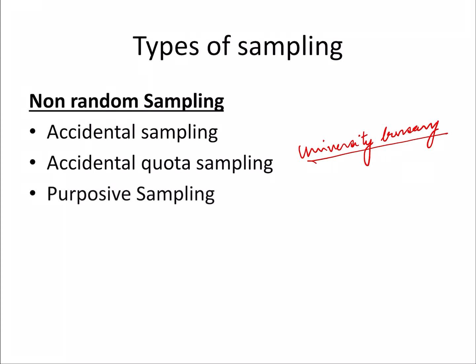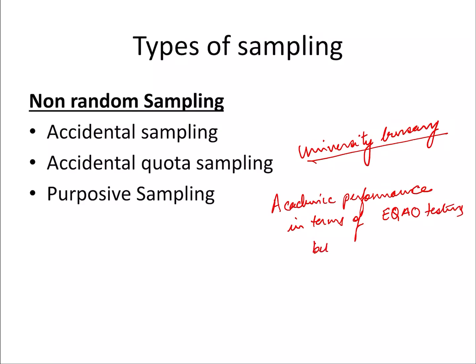Purpose of sampling is a little bit different from accidental and accidental quota sampling, in the sense that if we wanted to compare academic performance, let's say in terms of the very controversial EQAO testing, between 3 rural schools for grade 3.